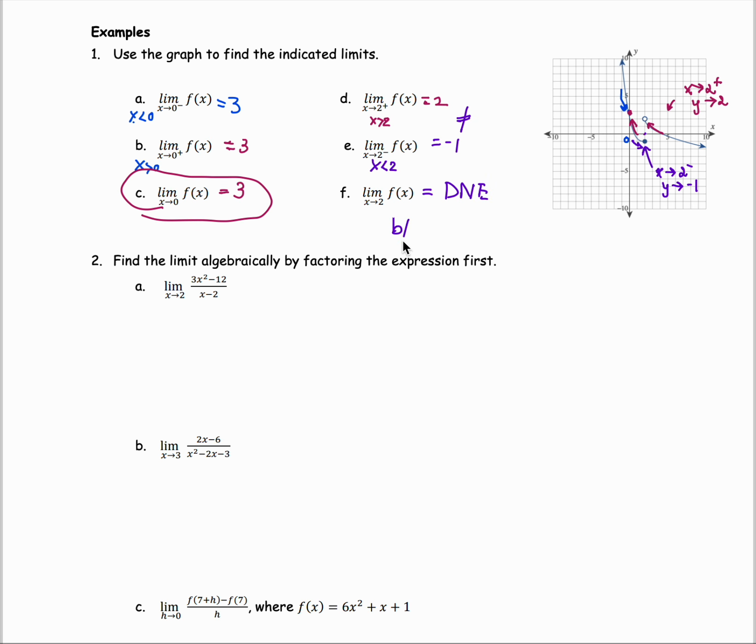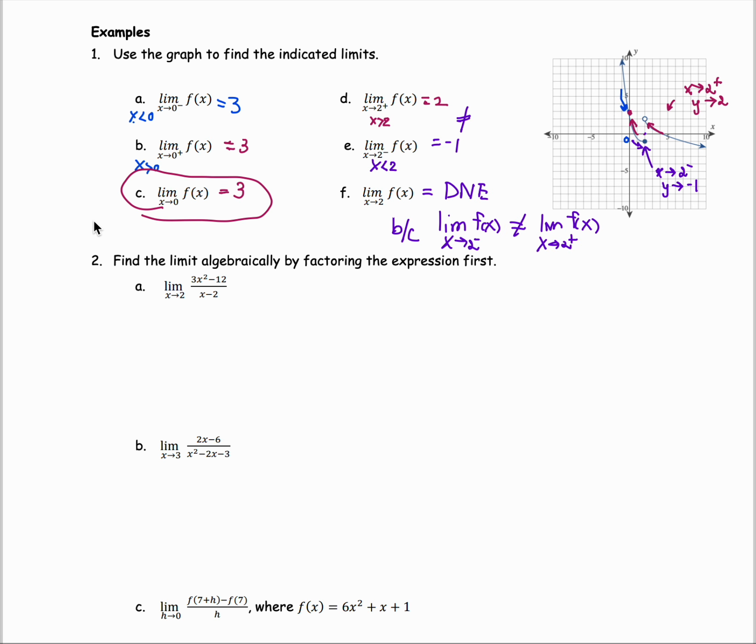I'm going to put a note here: the limit of the function as x approaches 2 from the left is not equal to the limit of the function f of x as x approaches 2 from the right.